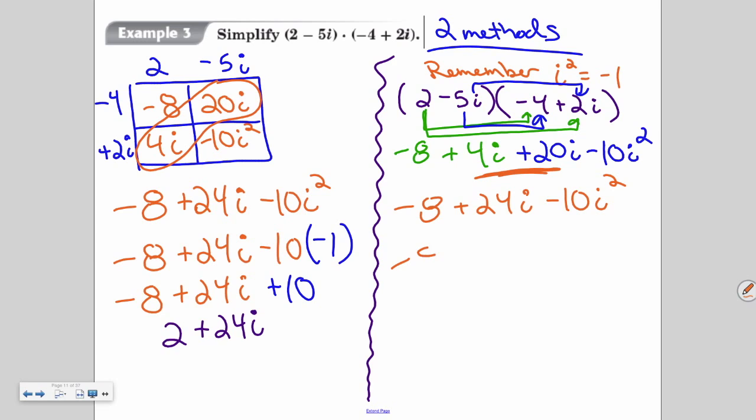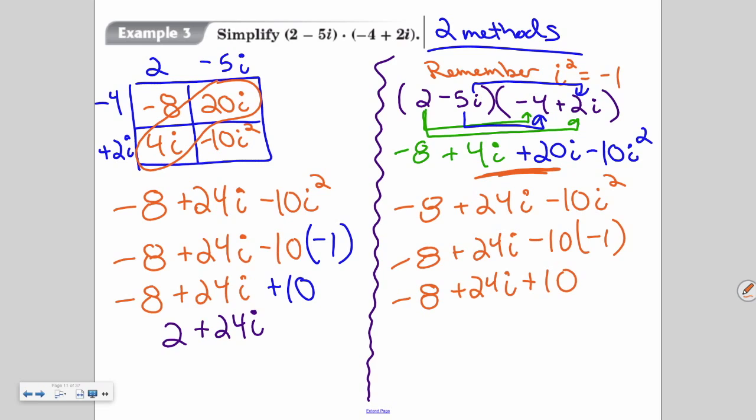I again replace that i squared with a -1, and I'm back to where the box method got me. I end up with the same answer, it's just written a little differently.